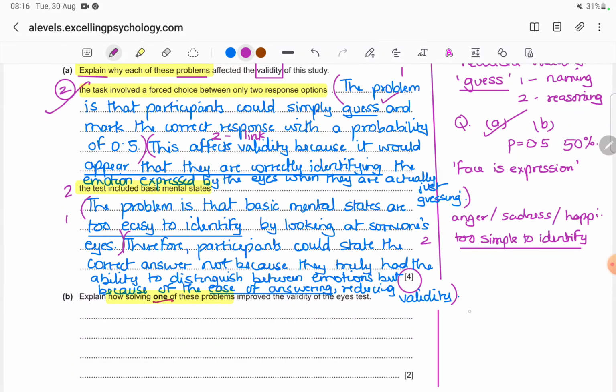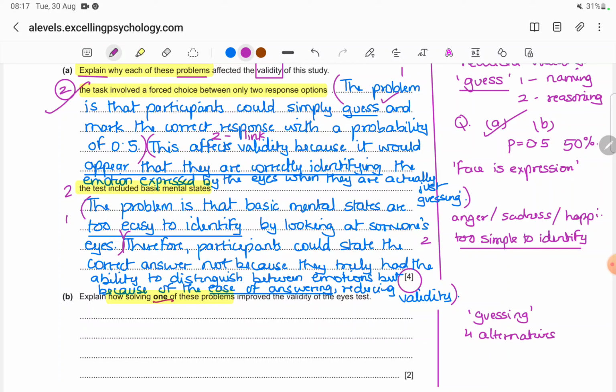In the first one, we have discussed the issue of guessing because there were only two options that participants were forced to choose from. And what did they do in the revised test? Do you remember? They included 4 alternatives instead of 2.